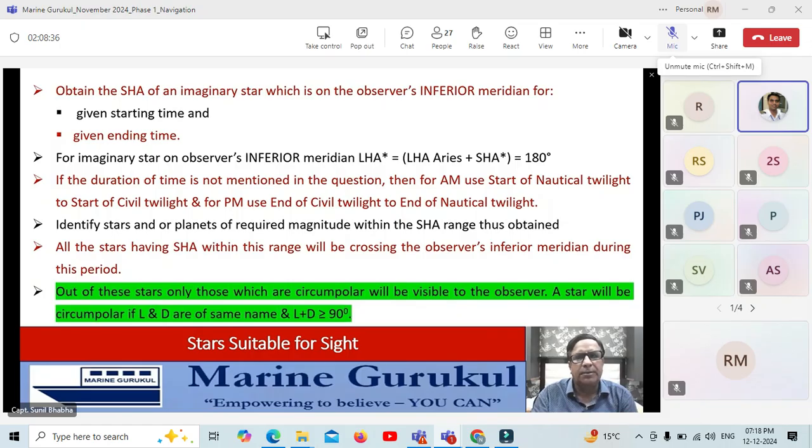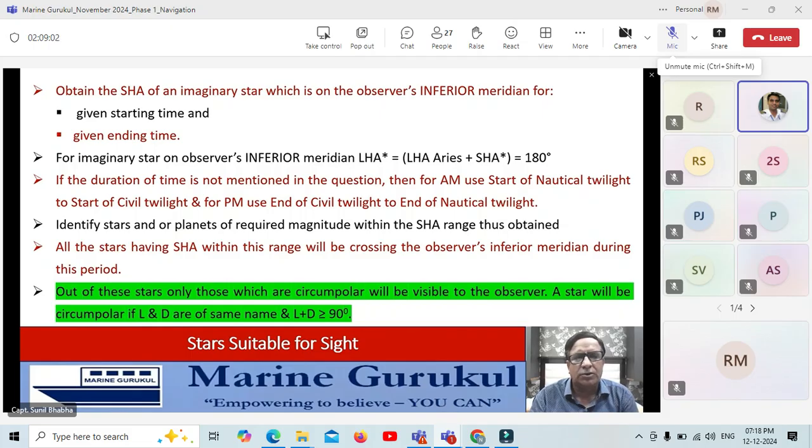Now, here comes an important change. Out of these stars, only those which are circumpolar will be visible to the observer. Because when celestial bodies cross the observer's inferior meridian, they shall be above the observer's rational horizon only if they are circumpolar. Otherwise, they will be below the horizon.